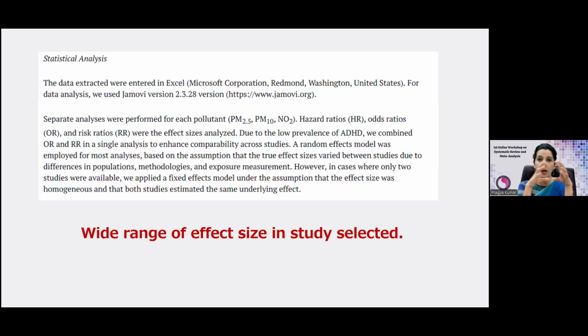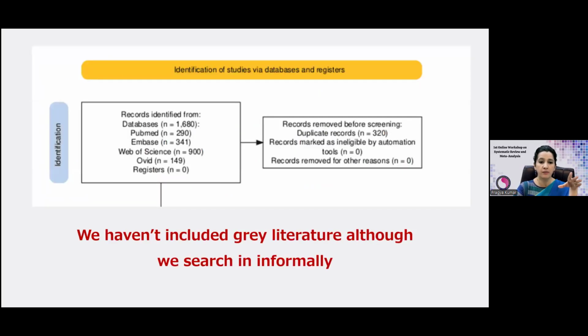So there was quite a lot of heterogeneity. So what we did, since the ADHD incidence is very low, we pooled the OR and RR together in one meta-analysis, and we reported HR separately. And again, we used a random effects model because we knew by that time that since there was a lot of heterogeneity, we should use the random effects model.